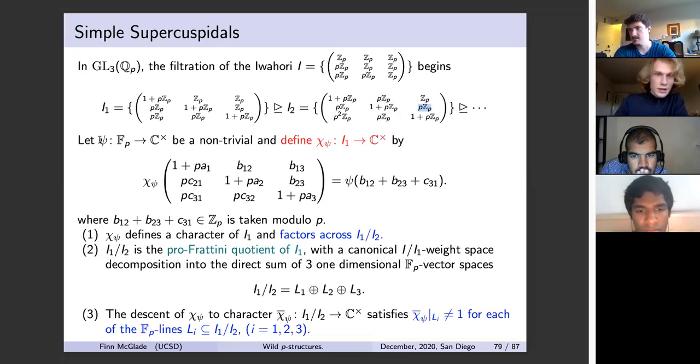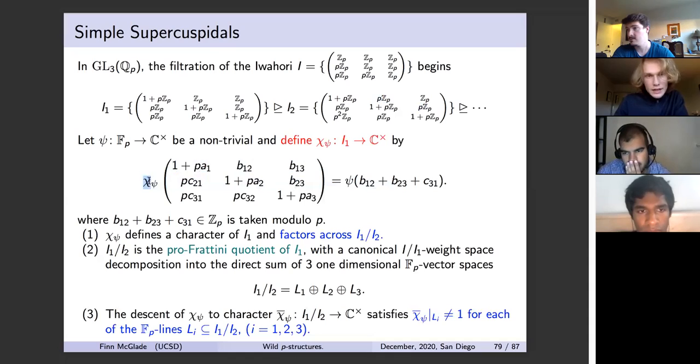What I'll do is fix a character ψ of F_p, and define a character of this first term in the filtration. This will be called χ_ψ, and it's given by the following formula. If you give me a matrix in I1, it's going to look like this, where all these a's, b's, and c's are in Z_p.